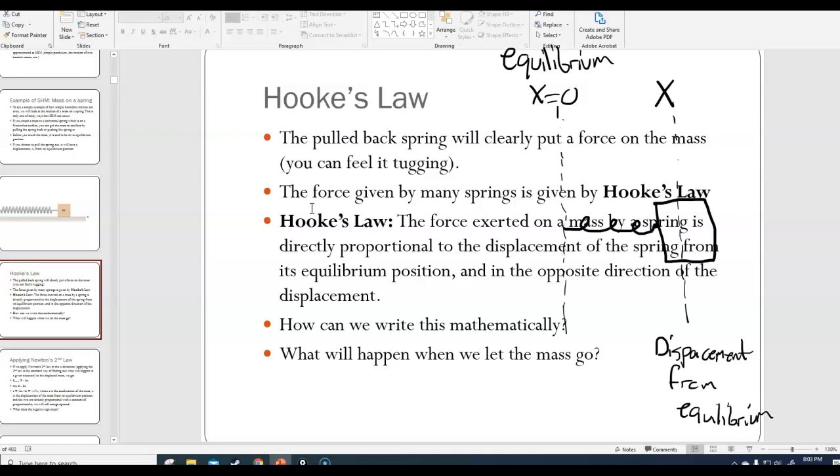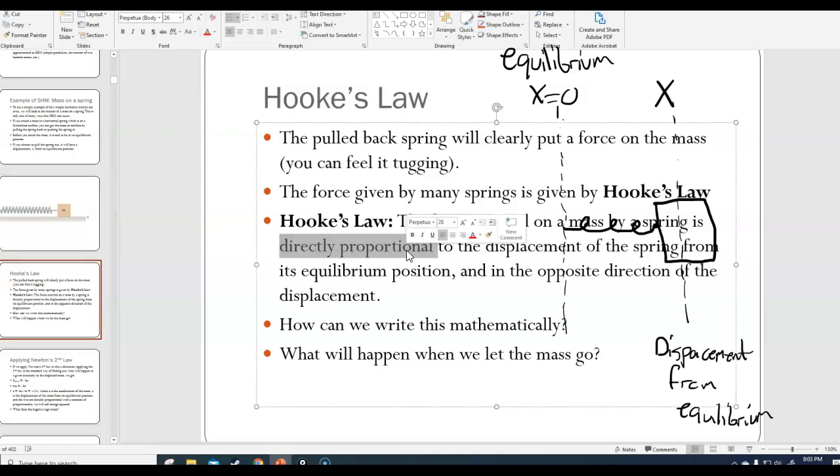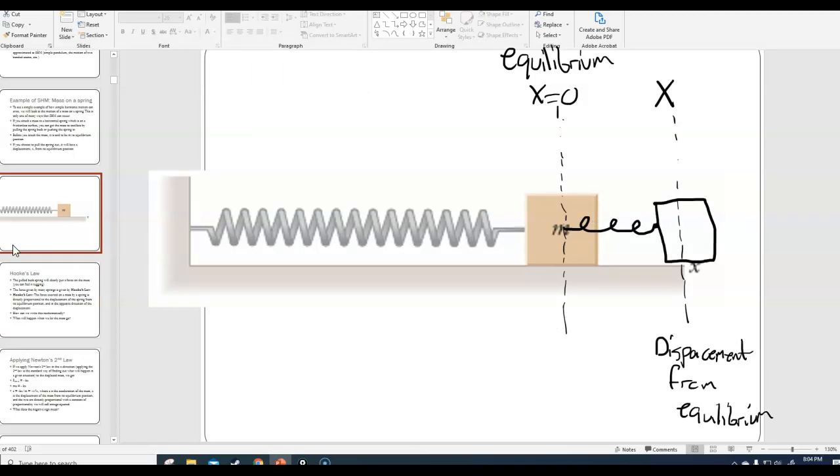Basically what Hooke's law says is that if you have an ideal spring, then the force exerted by the spring is directly proportional to the displacement of the spring from its equilibrium position and in the opposite direction of that displacement. Here's what that means. The force from the spring, F spring, is number one, proportional to the displacement from equilibrium.